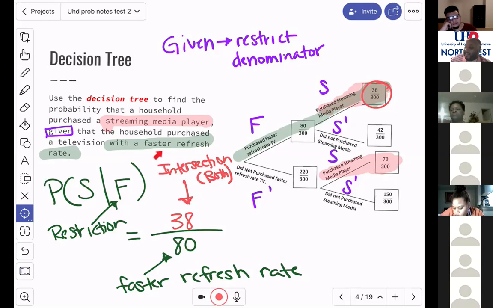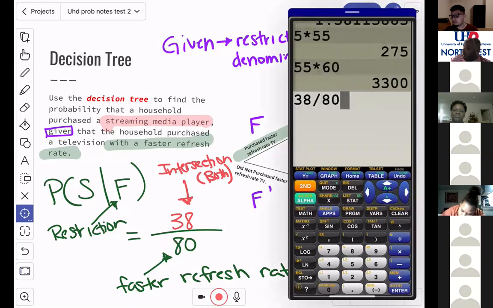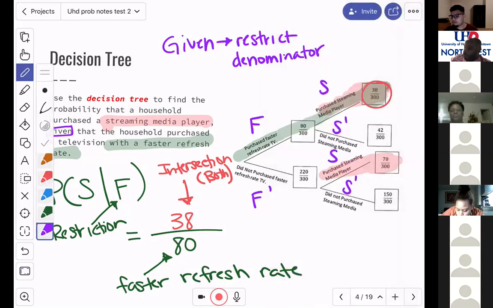So when I read this, it says I need to look at just the faster refresh rate people. That is 80 people. And out of those 80 people, who do I care about? The 38 with the streaming media player. So when we do that, we get 38 divided by 80, which is 0.475, or 47.5% of the people who bought a faster refresh rate had the streaming media player with it.